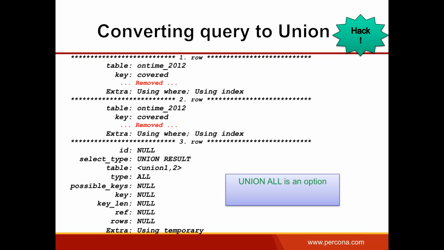You can also do a union all, but MySQL will still have to create a temporary table to store the intermediate result before the union. So this hack can be potentially useful if you're doing some specific fields and the field that you're filtering on only has a limited number of values.